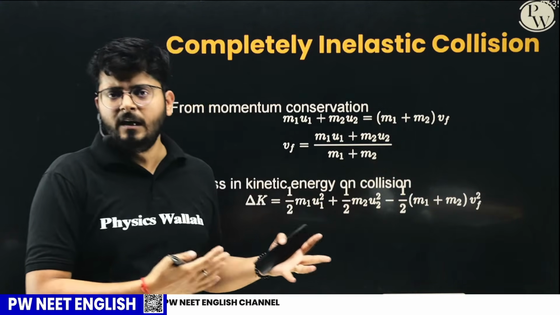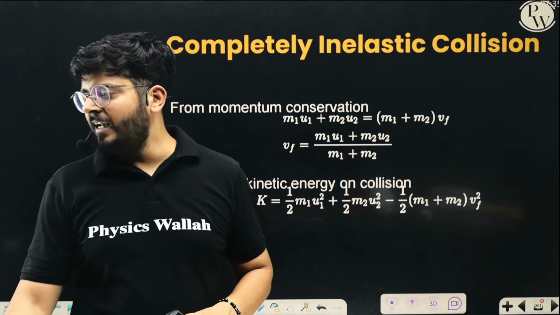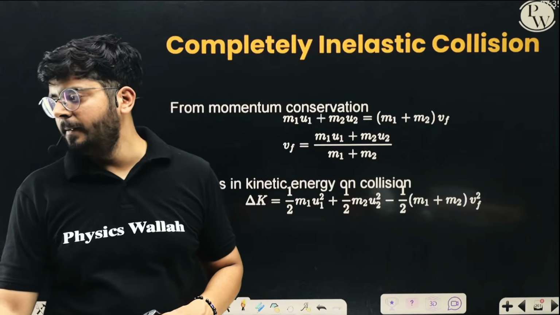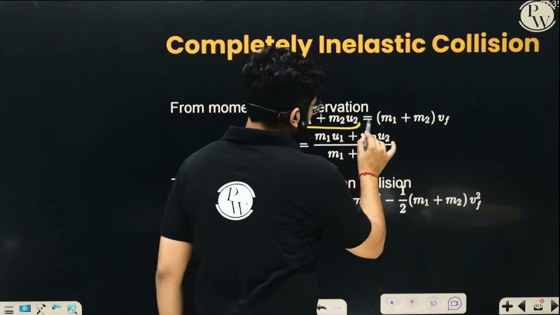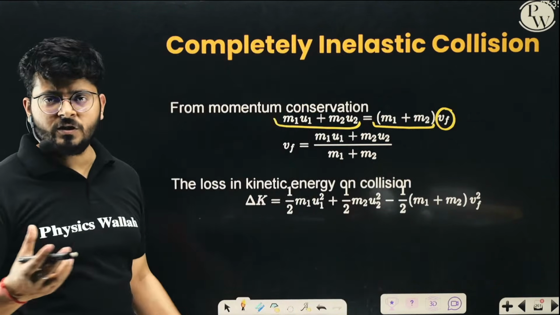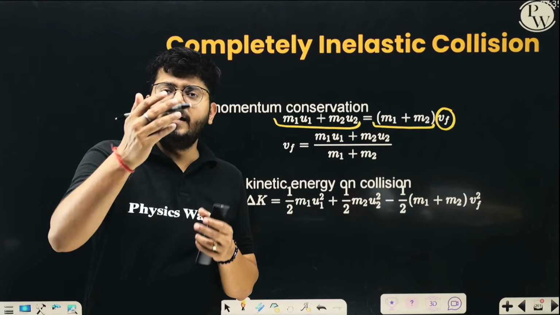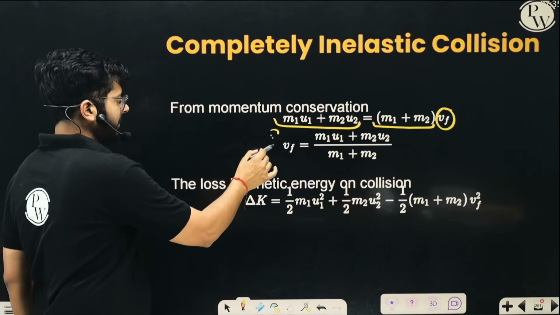I have explained that while explaining the law of conservation of momentum, right? So you see that m1 u1 plus m2 u2 is (m1 plus m2) into vf, because it is a perfectly inelastic collision. Both the bodies combine and move ahead with one common velocity, which is vf. This is how you will get vf, right?